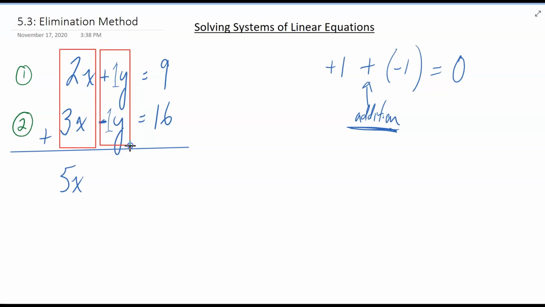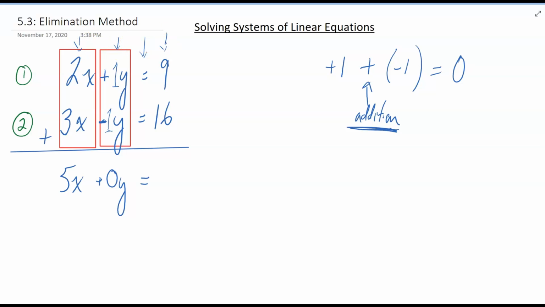We're going to add those two, which are like terms, 1y plus -1y. So that is 0y equals, and notice I have these all lined up, like terms and so on.